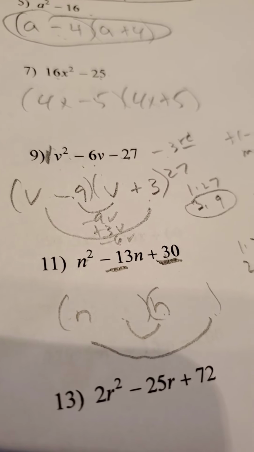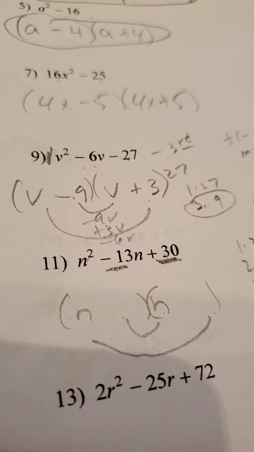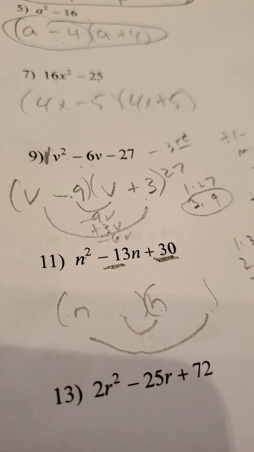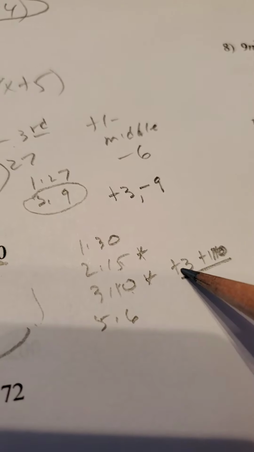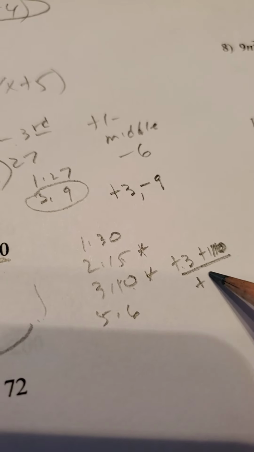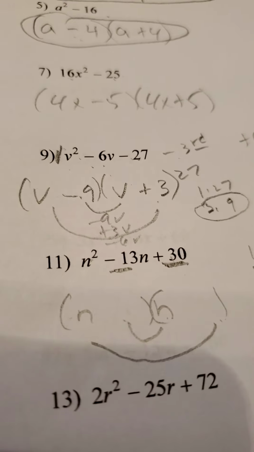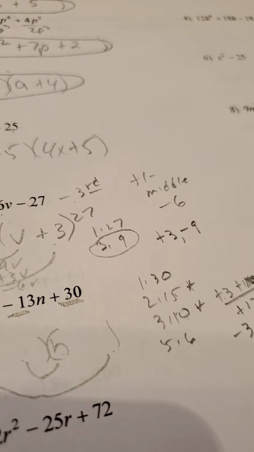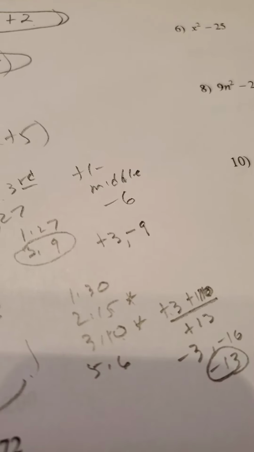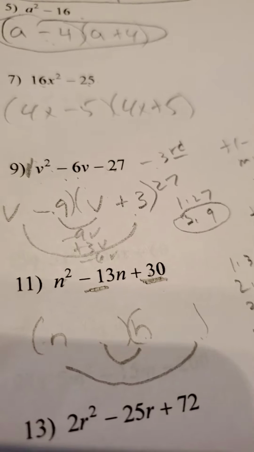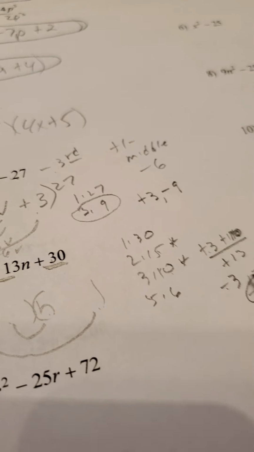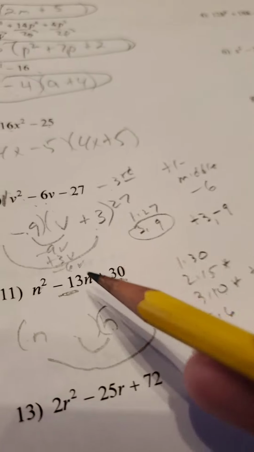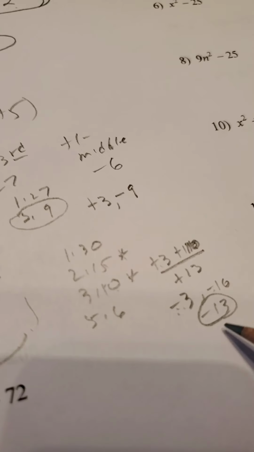The problem with this one is to get 13, they would have to both be positive, which would add to positive 13. Or they could both be negative, which would be negative 13. Okay? 2 negatives when you multiply will give you a positive, so therefore that is the correct one.